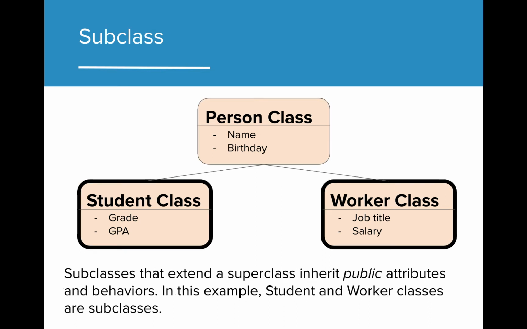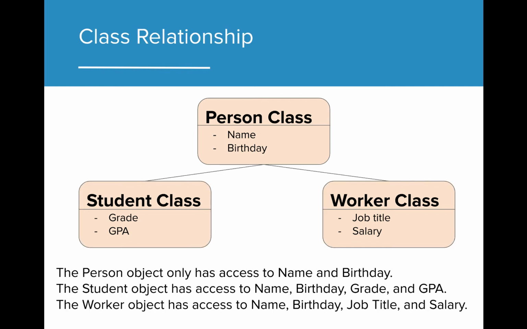The subclasses inherit the public attributes and behaviors from the superclass. Attributes and behaviors that are specific to one particular class will go in the subclass. A superclass object does not have access to attributes and behaviors of the subclass. In this case, a student object will have access to all the attributes and behaviors of both the student class and the person class, but the person object will only have access to the attributes and behaviors of the person class.